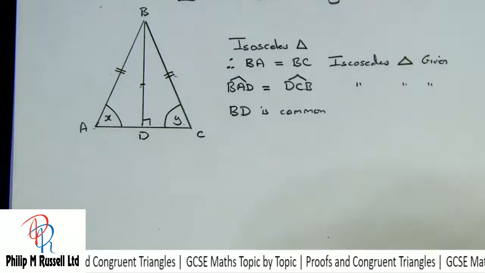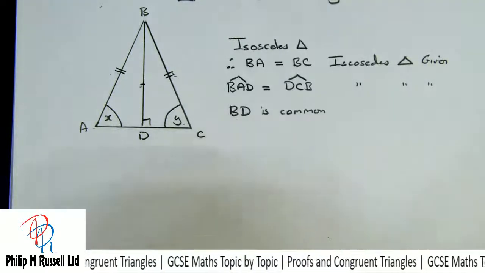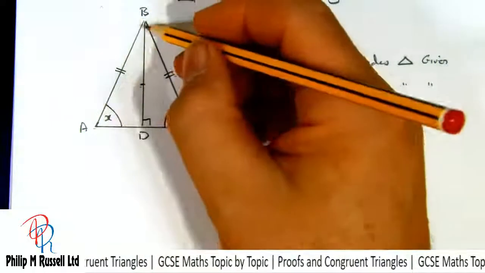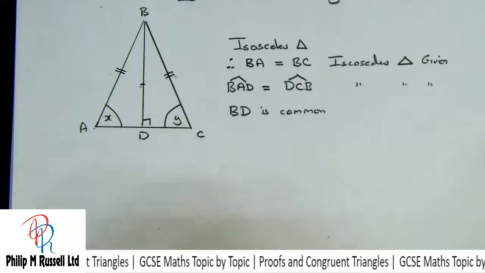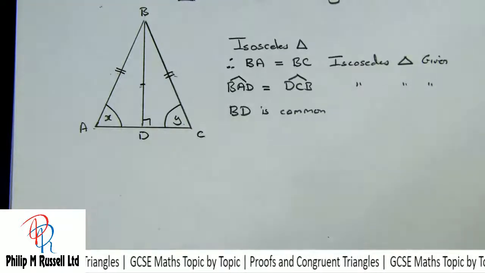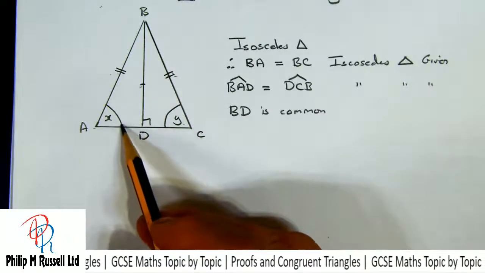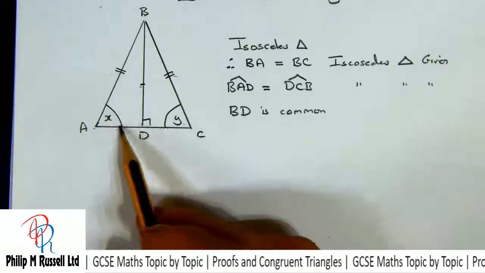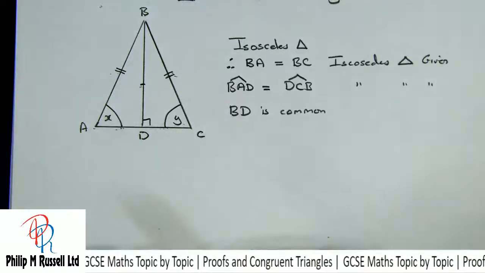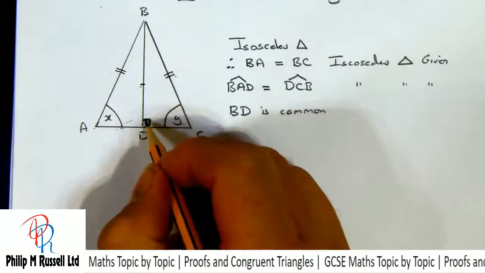Now, what else do we need to know? Well, we need to know something about this line. And what they will probably have told you in the question is that this line either bisects this line, or you might be told that this is a right angle.